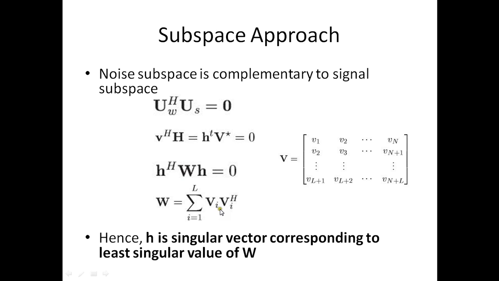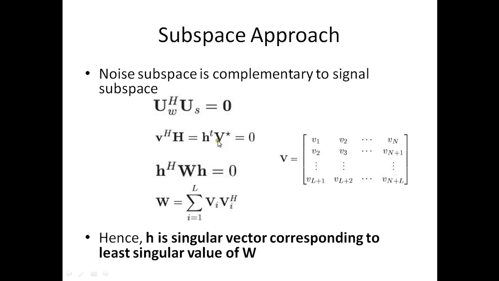That is, summation of Vi into Vi Hermitian, with i running from 1 to L. Now this equation, H Hermitian into W into H, will be 0 because H transpose into V star is 0, and hence we can conclude that small h, which is nothing but the impulse response of the channel, is the singular vector corresponding to the least singular value of the matrix W.